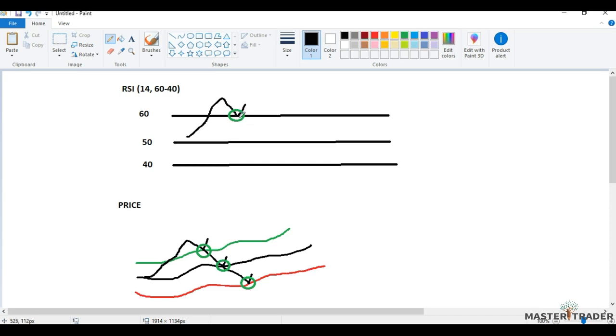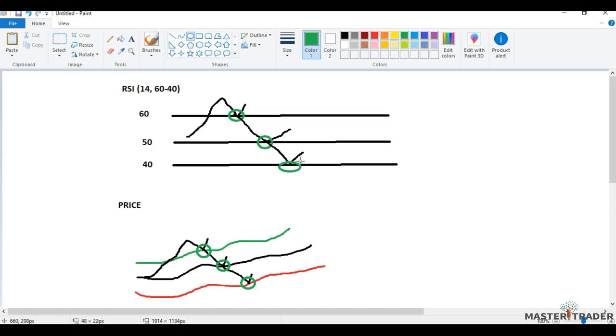And I'll show you some examples of this. Now, let's say RSI goes above 60, and now it pulls back below 60, and then it stops at 50 and then bounces. That is also an indication to buy. Or let's say RSI goes to 40 and bounces from 40.